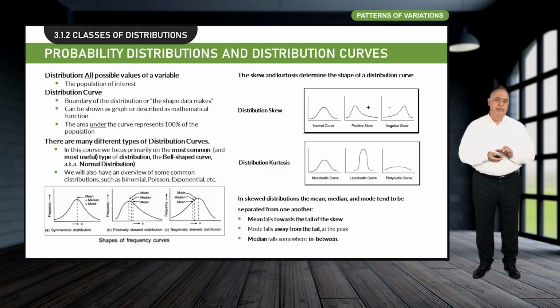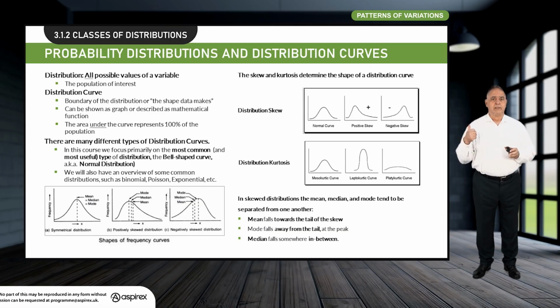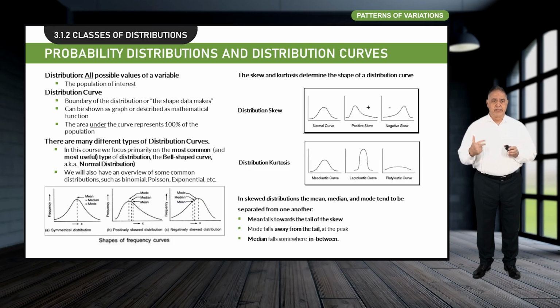Meso in Greek means middle of the road. So these are relatively balanced in terms of flatness and width. And then we have the leptokurtic, and lepto in Greek means narrow. So these distribution curves are narrow and tall. Platykurtic, mesokurtic, and leptokurtic.